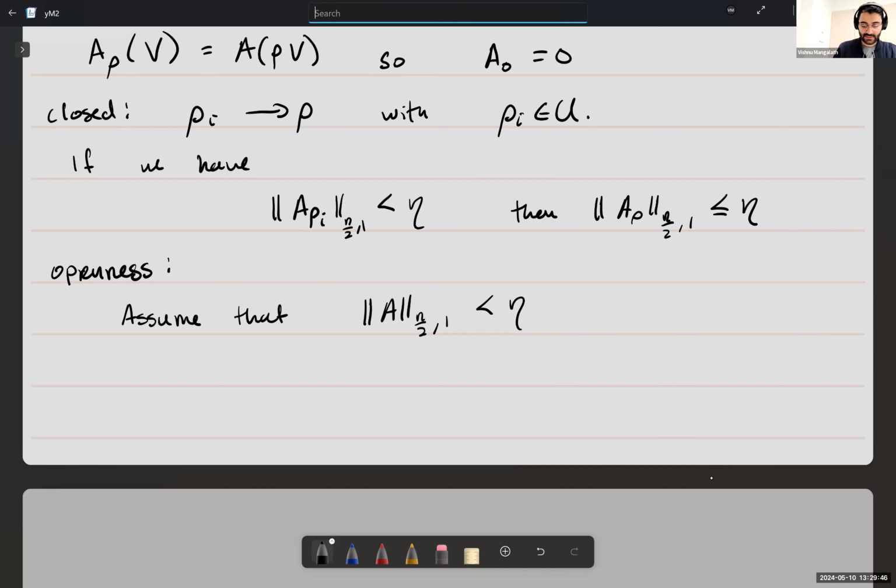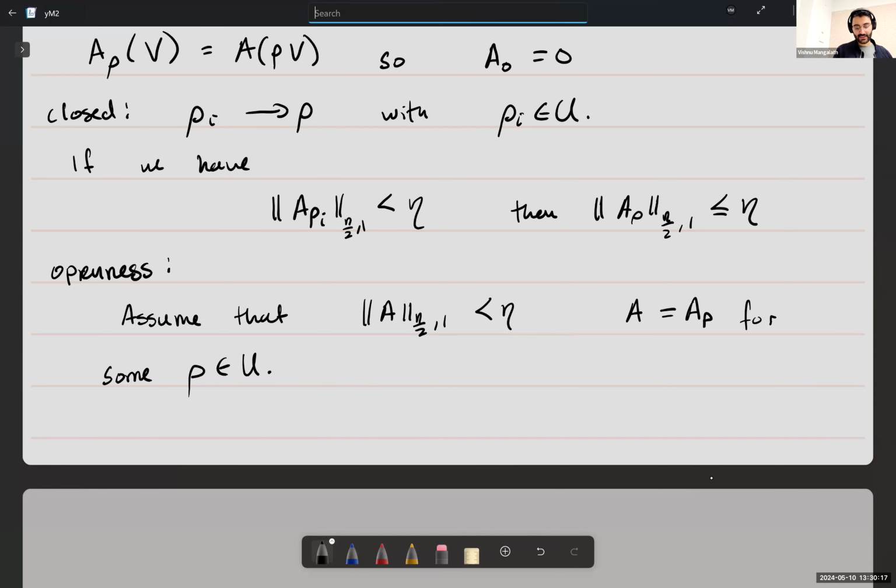Actually, I want to say, assume the same thing: n on 2 comma 1 is less than eta, where I'm writing A equals A rho for some rho in U. So it does satisfy all these three properties.